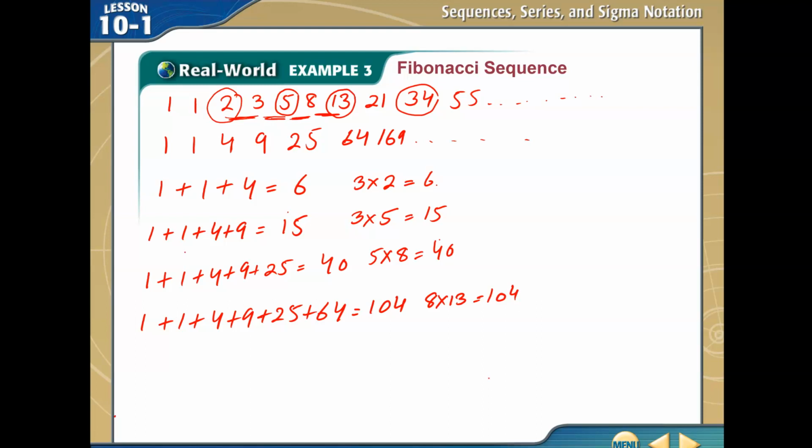So with this pattern, you can clearly see that in these products, 6, 15, 40 and 104, the Fibonacci numbers are buried. They are hidden in them, right? So you can appreciate that the Fibonacci sequence has very interesting number patterns.